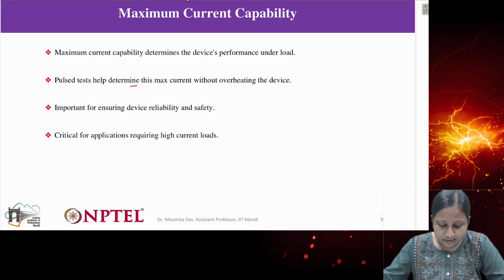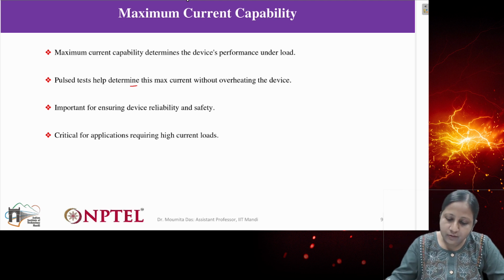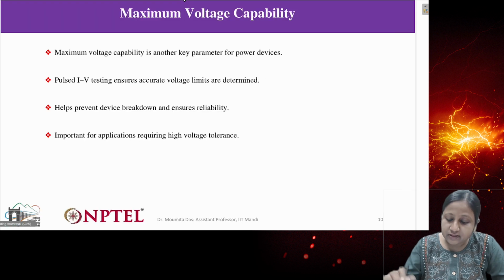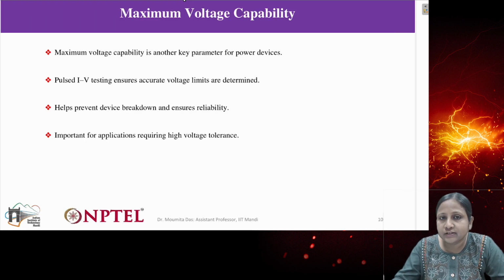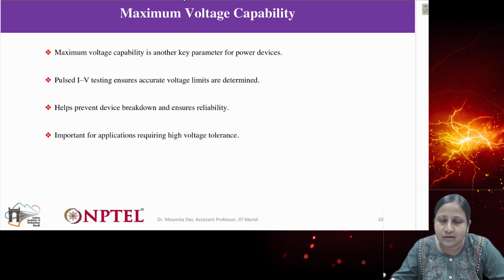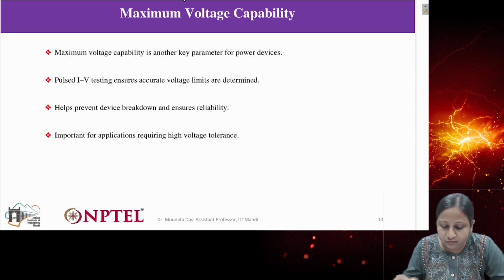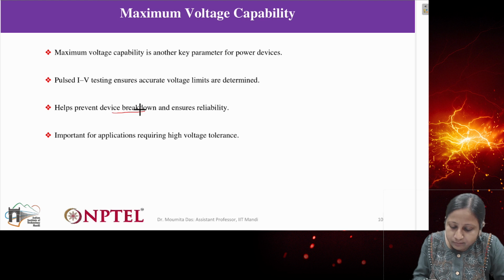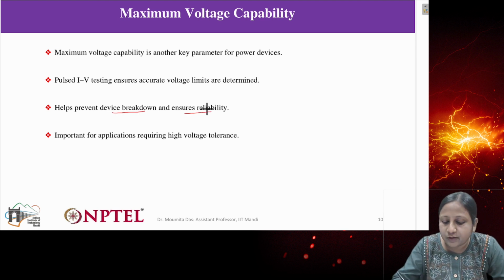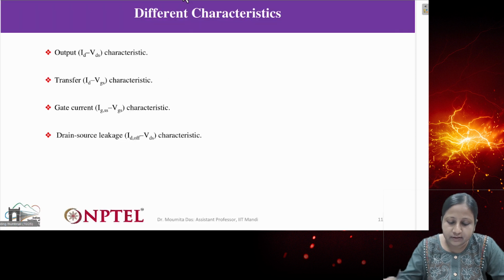Similarly, the maximum voltage. The first thing we notice in the data sheet is the voltage and current level. This is also very important to find the breakdown voltage and ensure reliability, for a particular application.